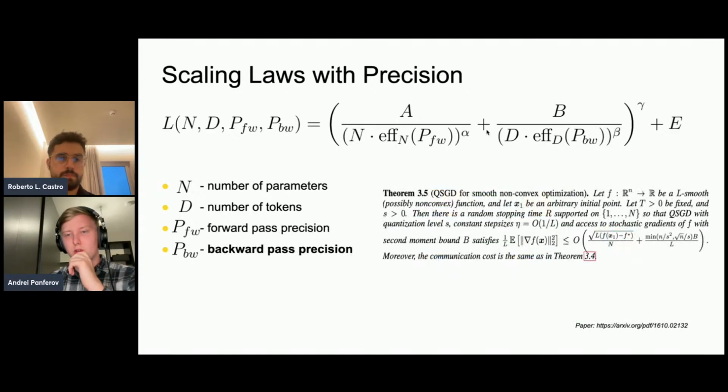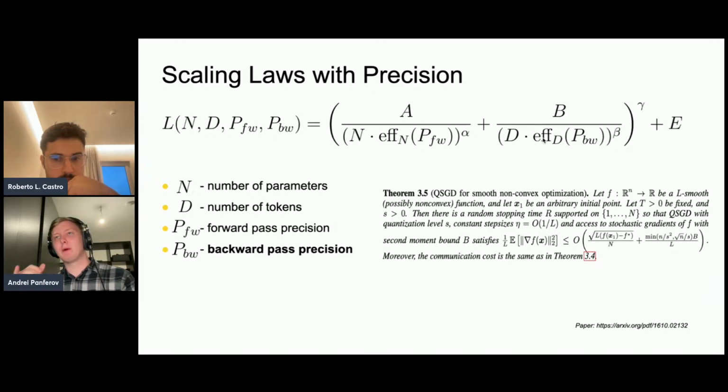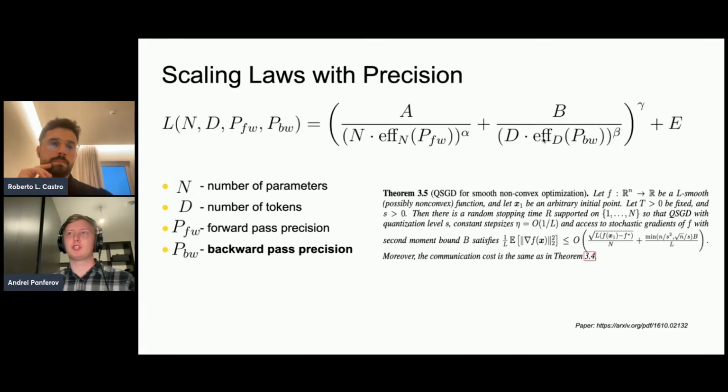The other part of the scaling law, which encodes the information about the backward pass, is the effective multiplier on the number of tokens. Here we choose to again decouple it from the parameter count, from the simple idea that if your model was trained to saturation, then from optimization theory we know that backward pass quantization doesn't necessarily include any consistent biases into your optimization method, but rather just makes your gradient estimation procedure a little more noisy.